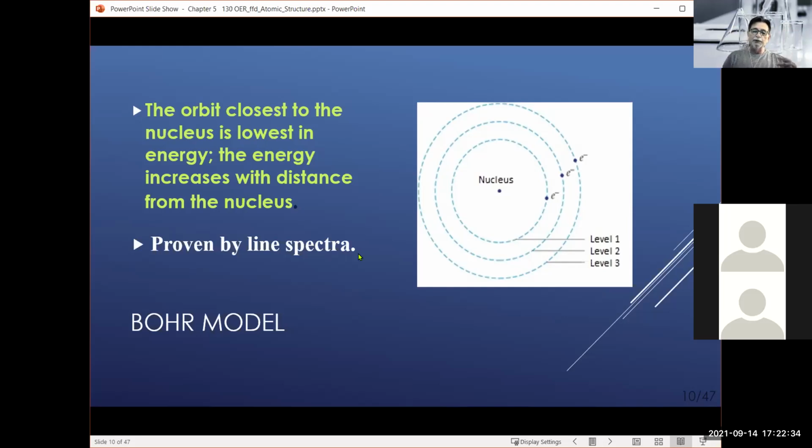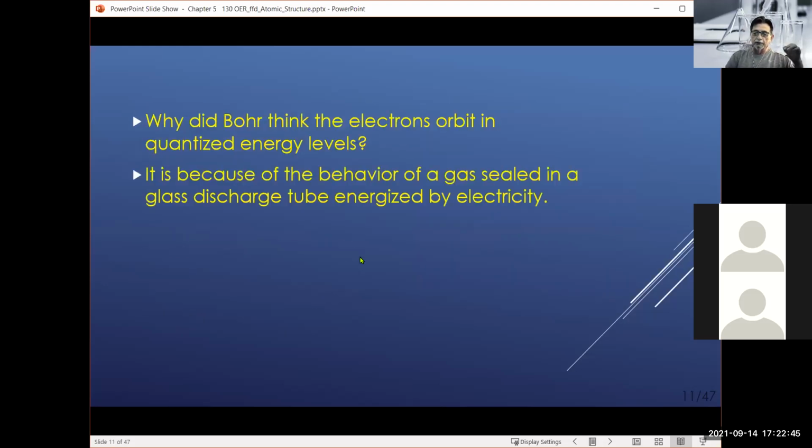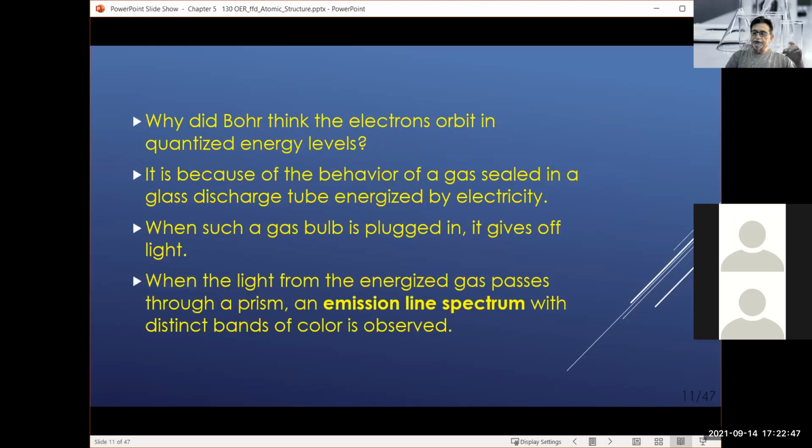All right. Now, how do we know this? How was this determined? This was determined by what are called line spectra. Now, I'll go over the slide, then we'll call it a day. Okay. What was done is these elements and compounds were placed in a sealed tube, just like fluorescent bulbs.